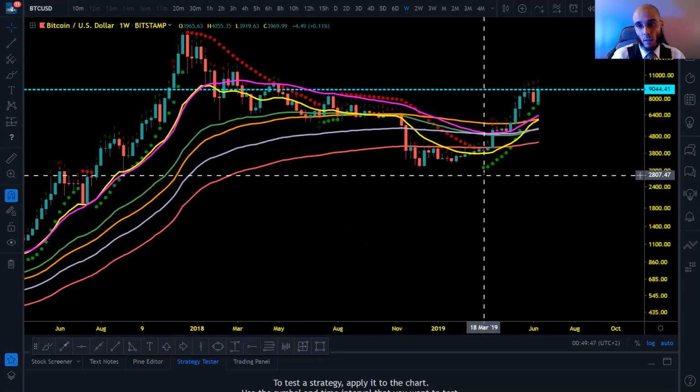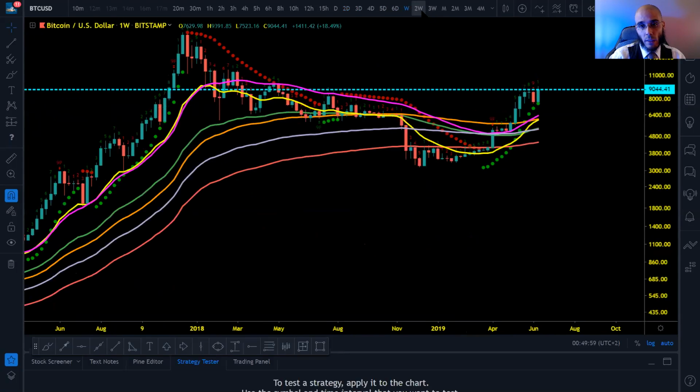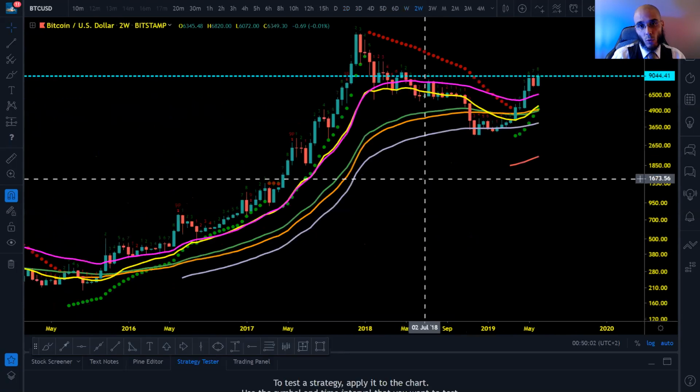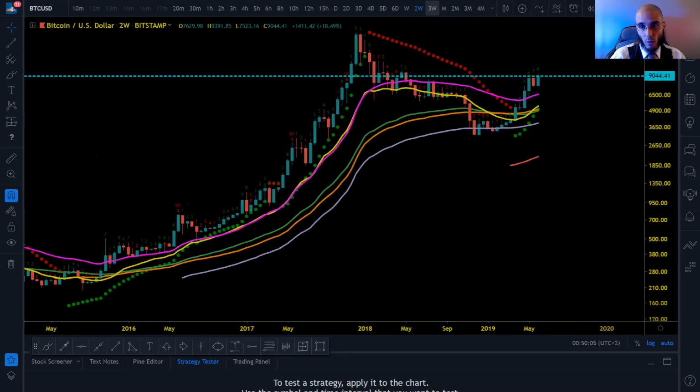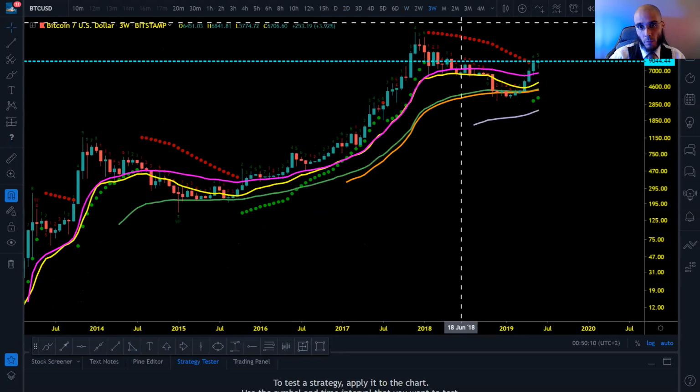On the 1 week, you are on a 1 up without confirmation, and we went higher than the 9. So it looks like a continuation 9. And the 2 week, you're on a 8 up with confirmation. The 3 week, you're on a 5 up with confirmation.